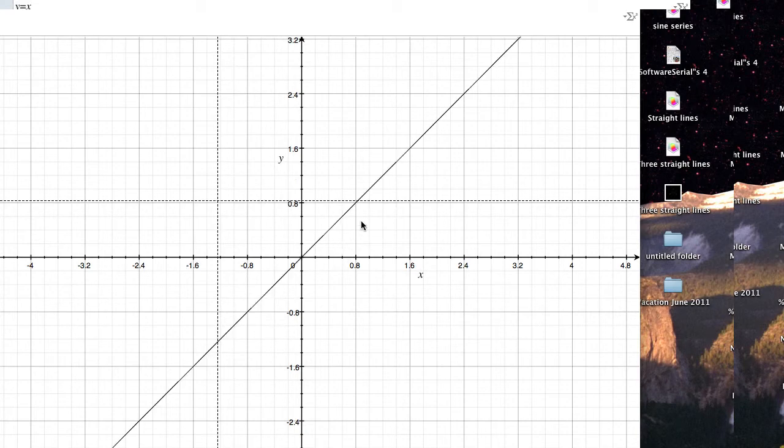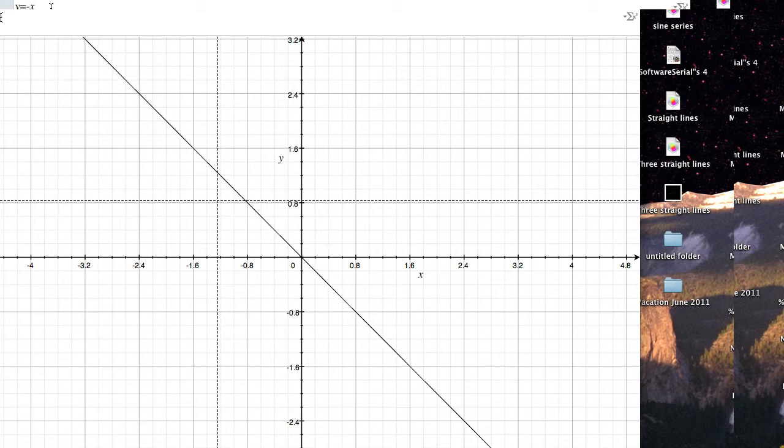Now, how about this function right here? This function has symmetry reflected across the origin from the first quadrant to the third quadrant. Okay, this is odd symmetry, so that function is an odd function. Now, I could change that function to y equals minus x, and do that.